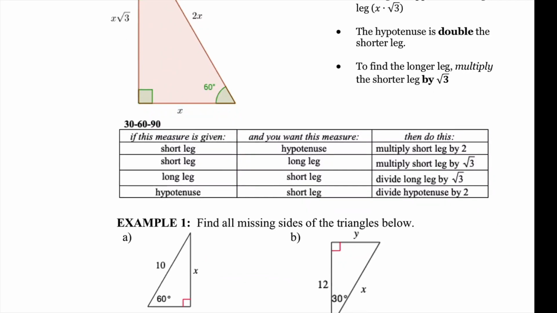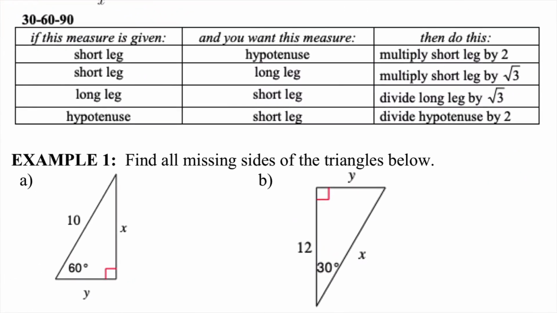This is what you're going to use the most today, because they're going to give you one leg, or the other leg, or the hypotenuse. They're not going to give you two of them, because if they gave you two sides, you could just use the Pythagorean Theorem: leg squared plus leg squared equals hypotenuse squared, like we've been doing. But if they only give you one side, you have to use other methods, okay?